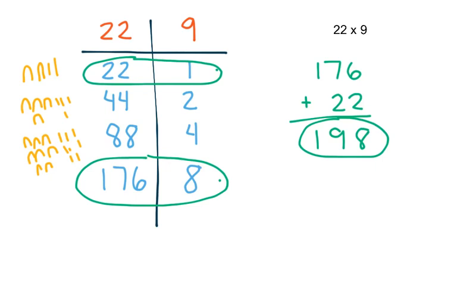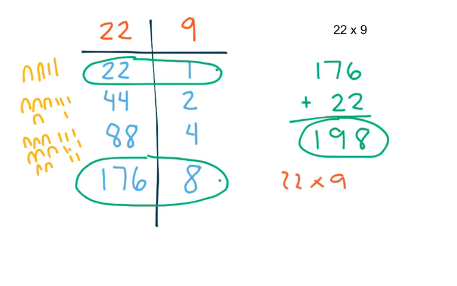One last thing that's really important that I want you to see here is that really this is a use of the distributive property. What we started out with was, I want to do 22 times 9.